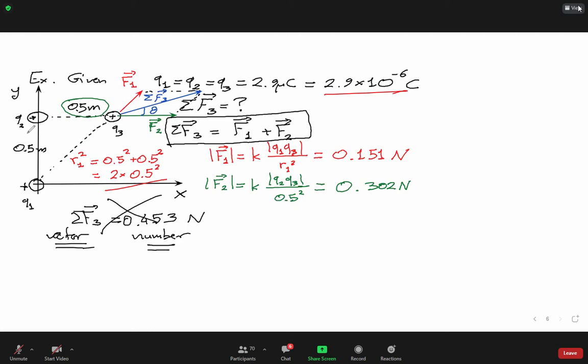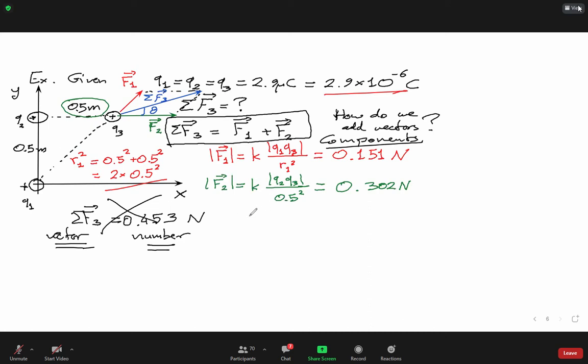Instead, how do we add vectors? Nobody remembers that from semester 1? Nobody remembers components? That's the easiest way to do it, right? So I'm going to go to components. The problem is already giving me a coordinate system.